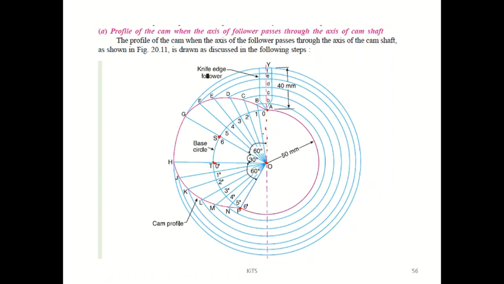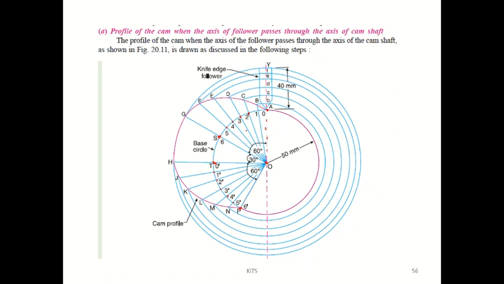Divide the 60 into 6 parts, mark 10 degree, 10 degree, 10 degree. Here also the 60 degree into 6 equal parts, means 10 degree each.